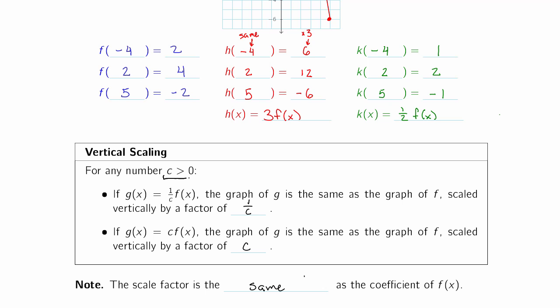Notice that we only talk about this for positive numbers. We'll see later on what goes on if we multiply by something negative. That's a little bit different. But multiplying by something outside the function does exactly what you think. Multiplying by something smaller than 1 squishes the graph. Multiplying by something bigger than 1 stretches out the graph.